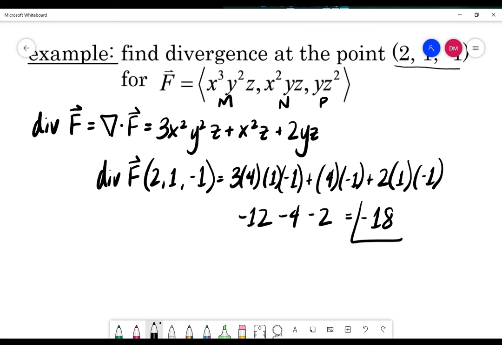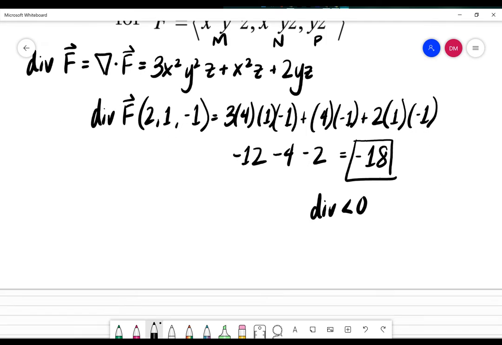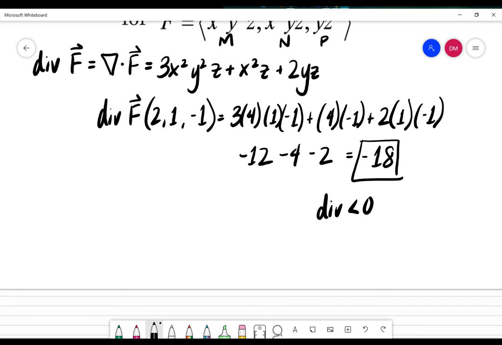And since divergence is negative, I have more flowing in than out. So I would have a drain. Divergence is negative, so that would mean there is more fluid or energy or whatever. So more enters than leaves.